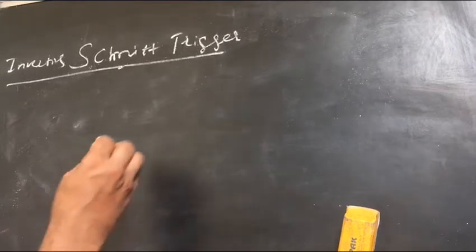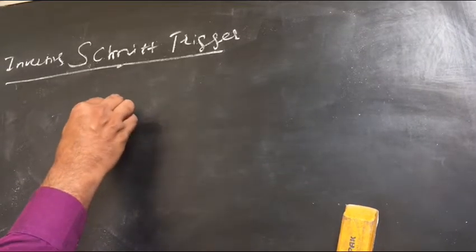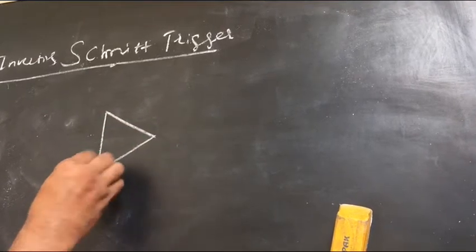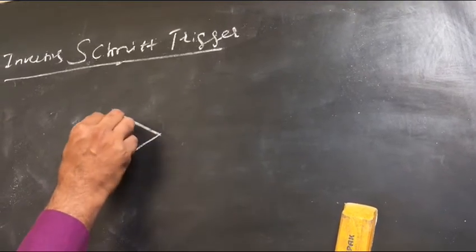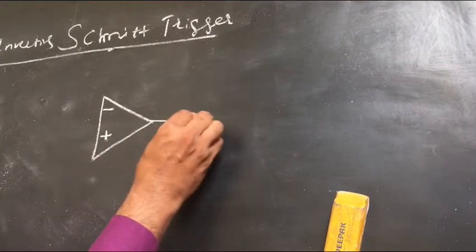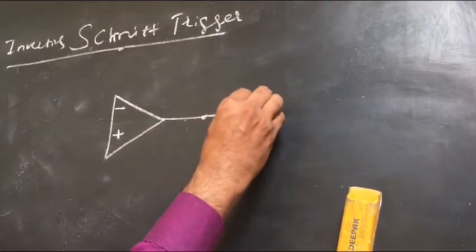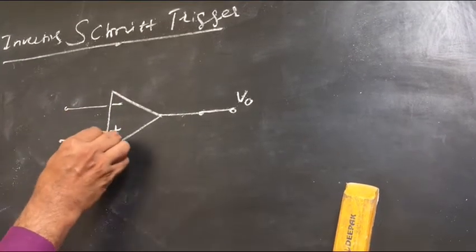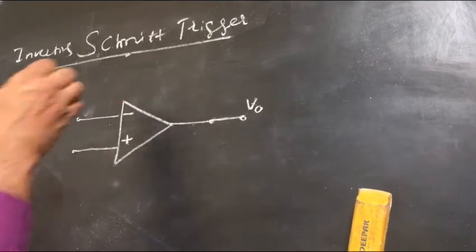Students, let us take an op-amp. We know the op-amp has inverting terminal minus, non-inverting terminal plus and output terminal V0. So what do you mean by inverting Schmitt trigger?